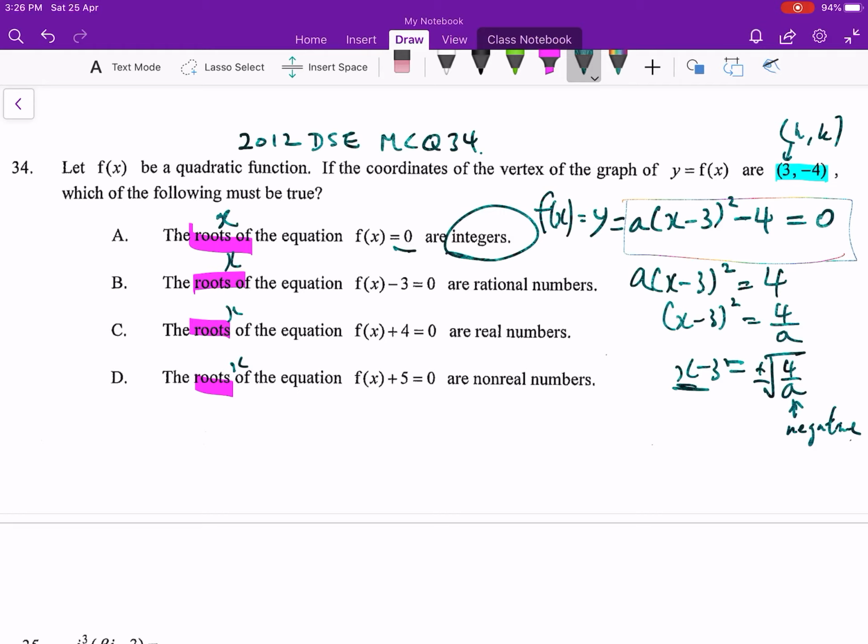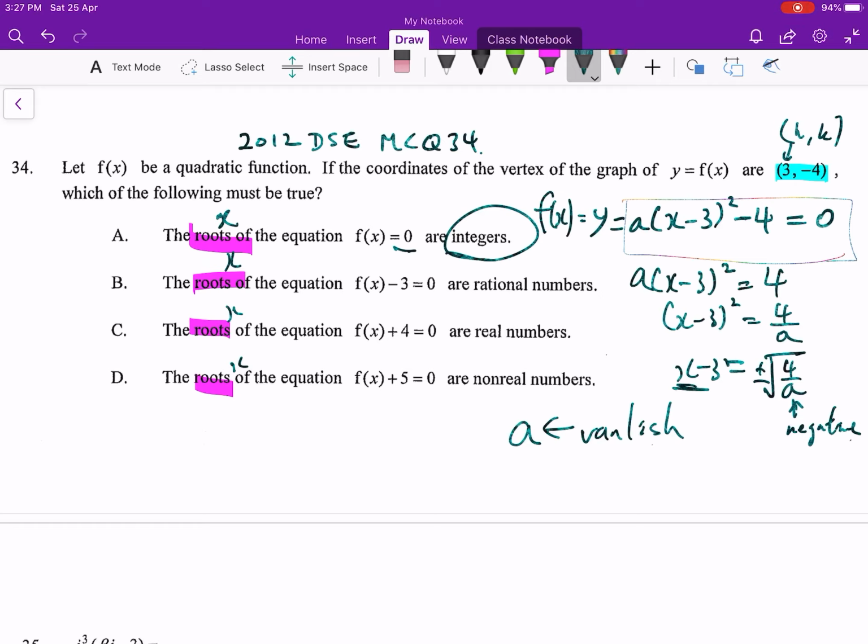Now I used the first one to show you the main point of this question. That means our a must vanish if you want to find your x.